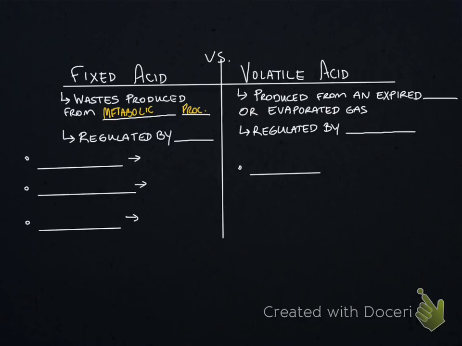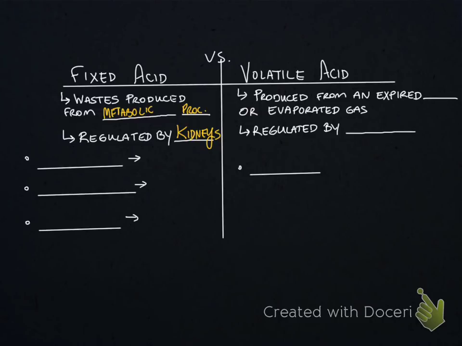Therefore, it's going to be regulated by which mechanism? The respiratory system or the kidneys? Okay. And they do this by reabsorbing bicarbonate and hydrogen ions. We just talked about that. Okay.